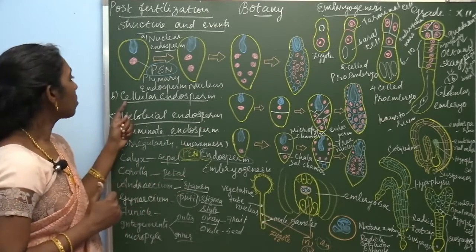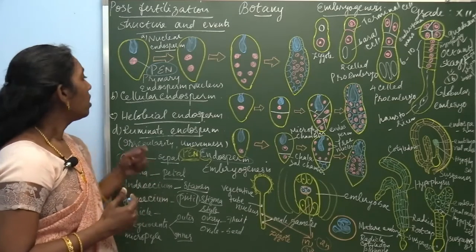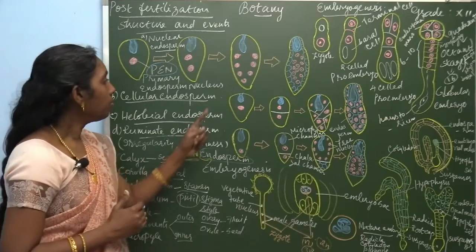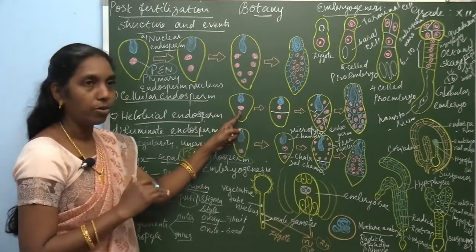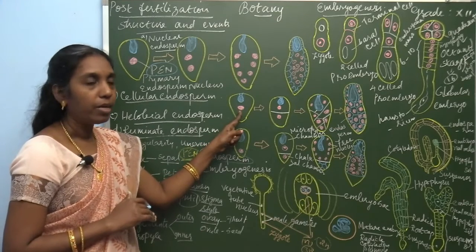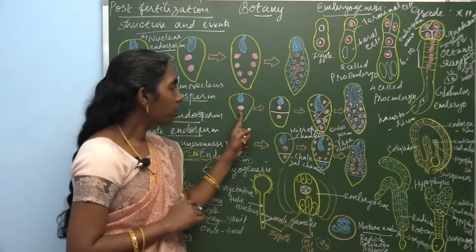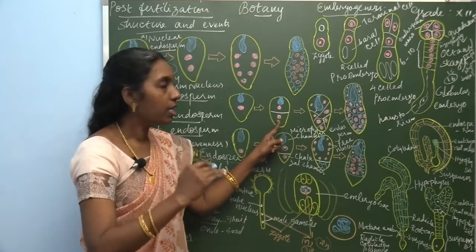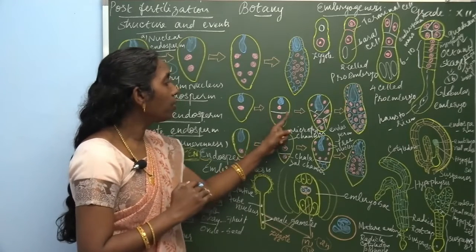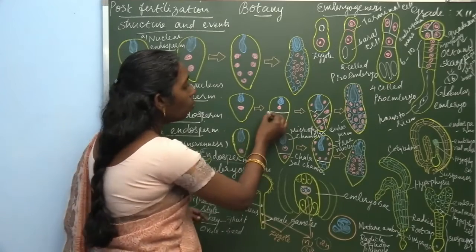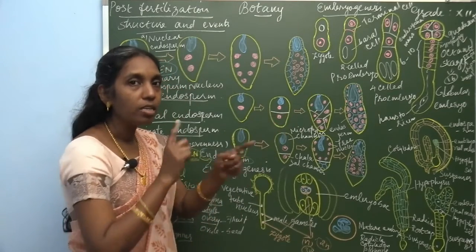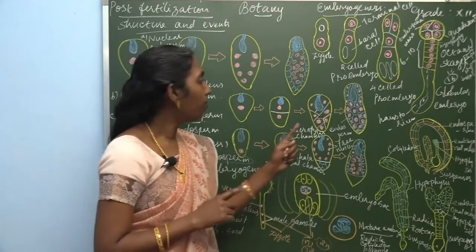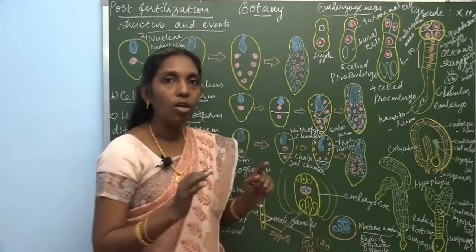The next type of endosperm is known as cellular endosperm. Here is the primary endosperm nucleus, PEN. This primary endosperm nucleus undergoes division, and immediately after division it is followed by wall formation. So, here is the cell wall. The cell wall separates the two nuclei, and subsequent divisions are also followed by cell wall formation.